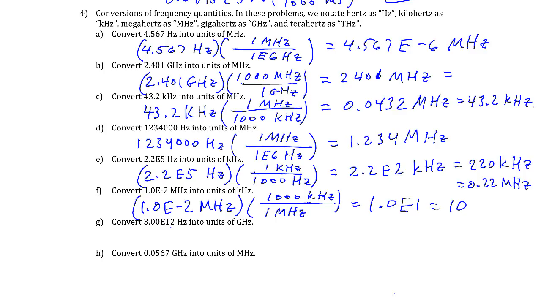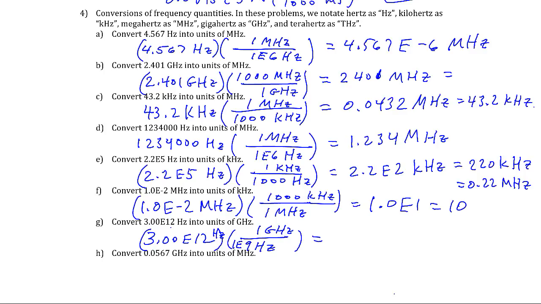Okay. Next part, G, 3.00 times 10 to the 12th hertz into units of gigahertz. I wanted to put my hertz here, so I know to put hertz in the denominator. And I'm going to say 1e9 hertz in the denominator is 1 gigahertz in the numerator.